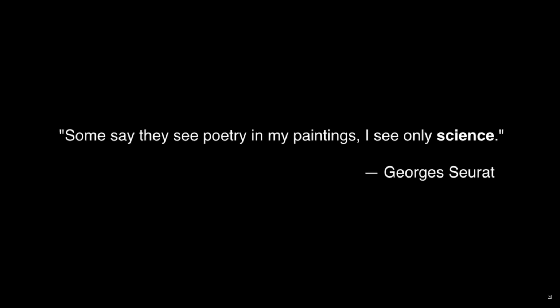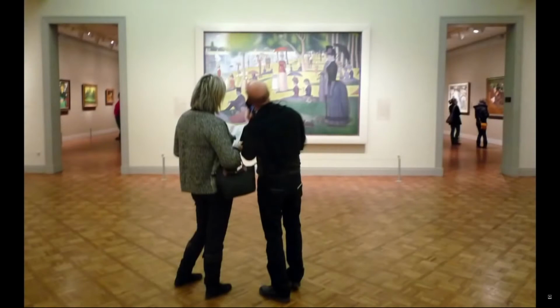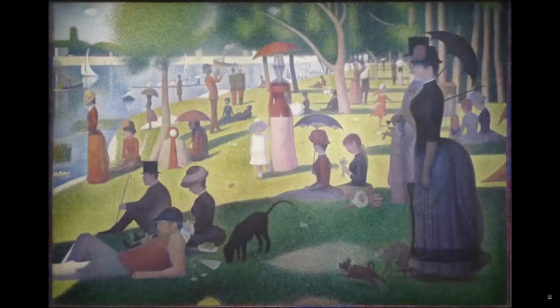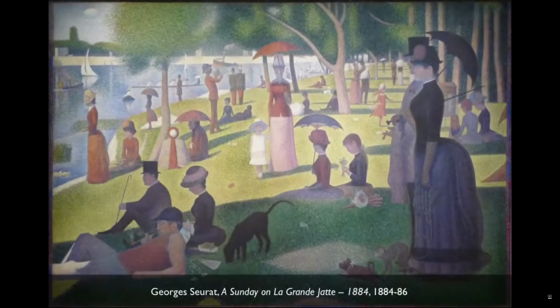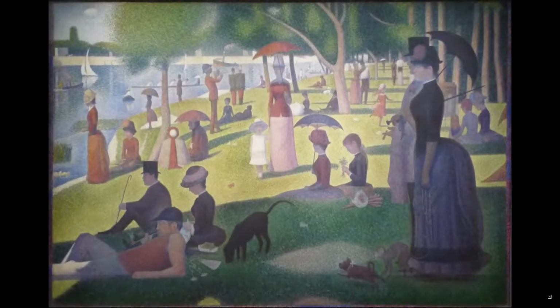What's interesting is that the science that he was thinking about has been, to some extent, overturned, and we're left with the poetry. The science that he was referring to had to do with ways of making the painting seem more luminous, to seem brighter. And I have to say, he's really succeeded. This is a painting that is brilliantly luminous and incredibly complex when it comes to color.